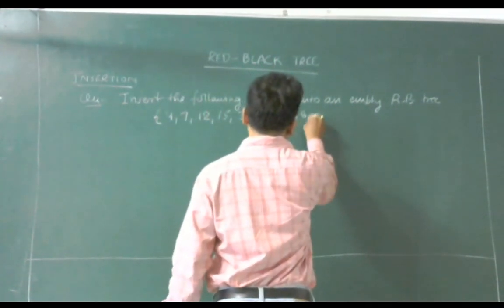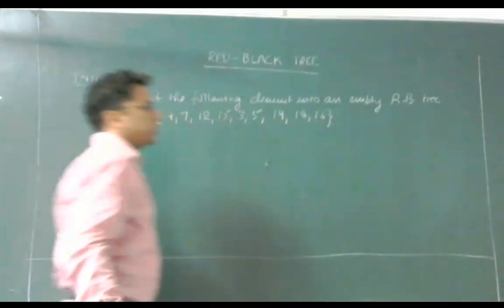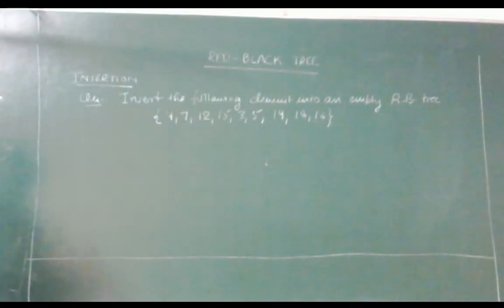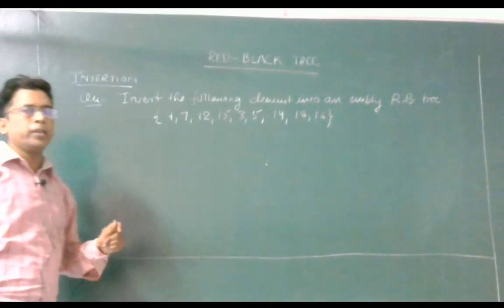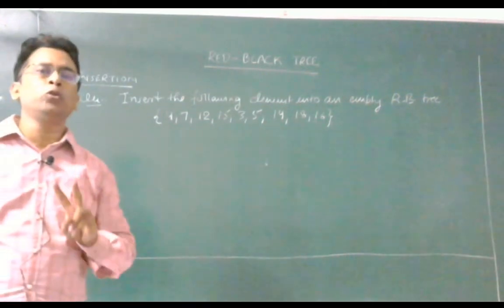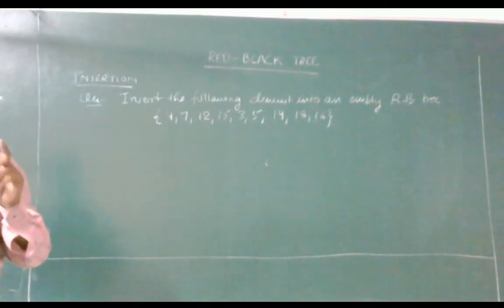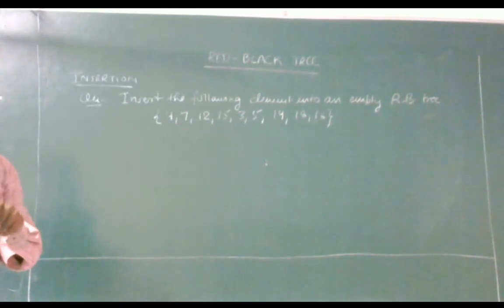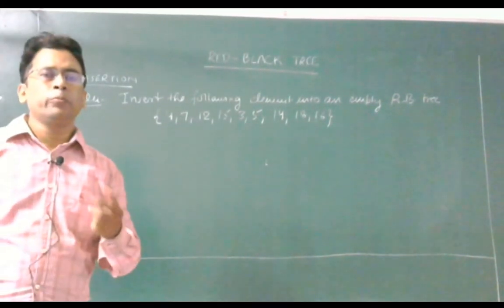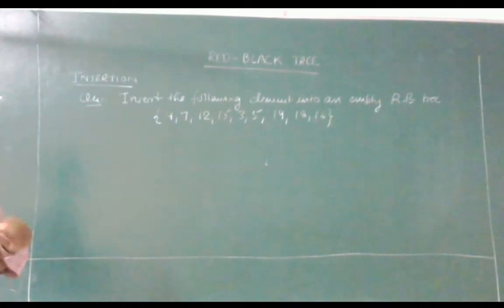These are the numbers which we have to insert into an initially empty tree. Whenever two red nodes come together, the properties are violated and we need to run the procedure of red-black fix-up.